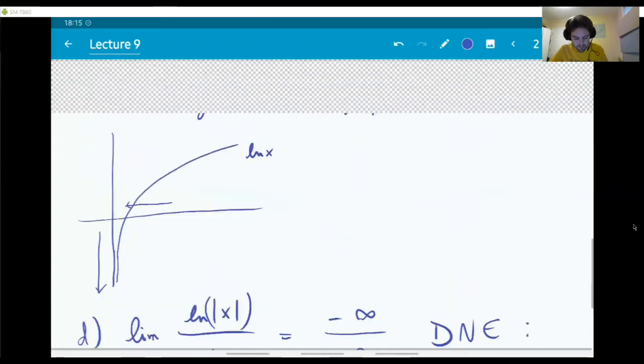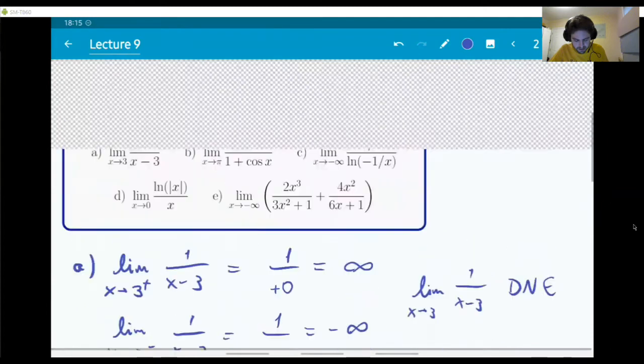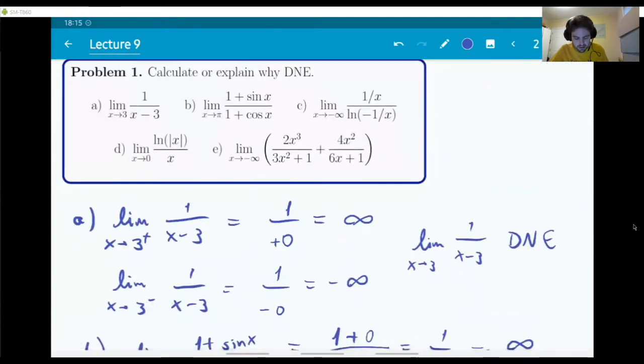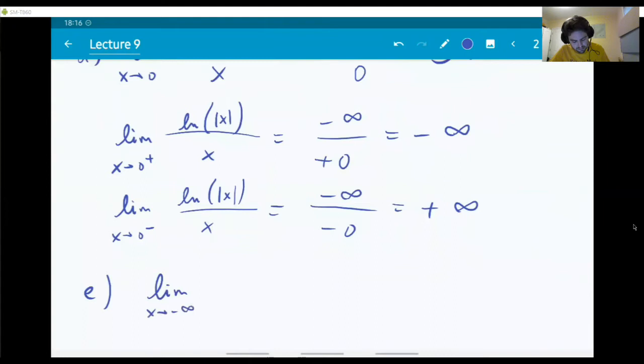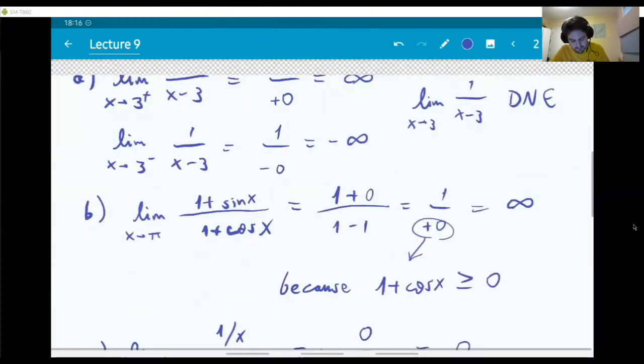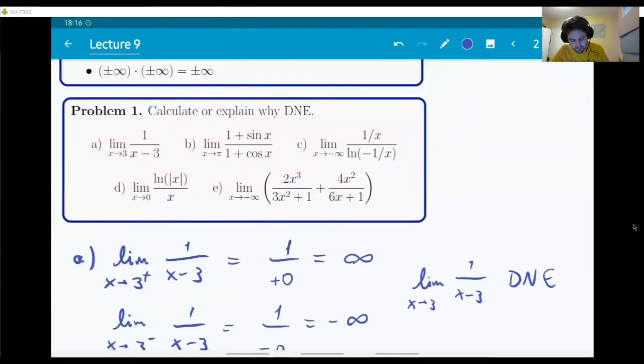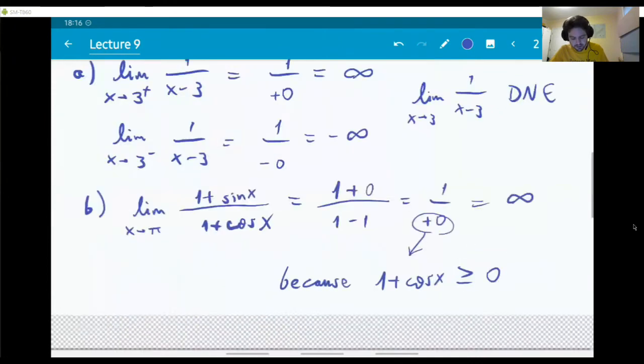That was our item D, and the last one is, okay, 2x cubed over 3x squared plus 1, and then plus 4x squared over 6x plus 1.